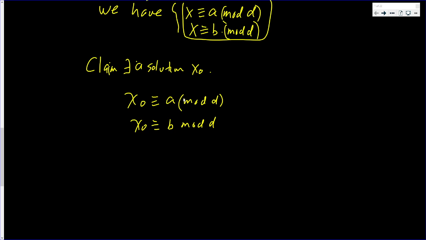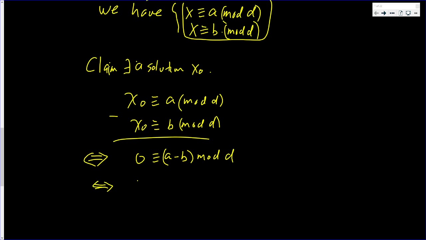Now, this is a solution if and only if their difference is valid. Their difference is a minus b mod d. But this is only true if d divides a minus b.